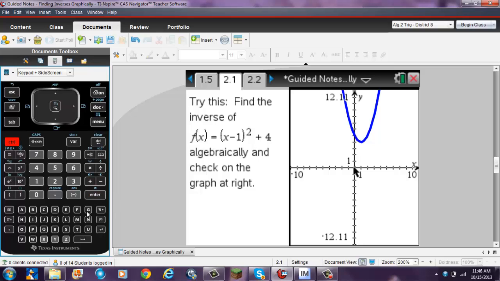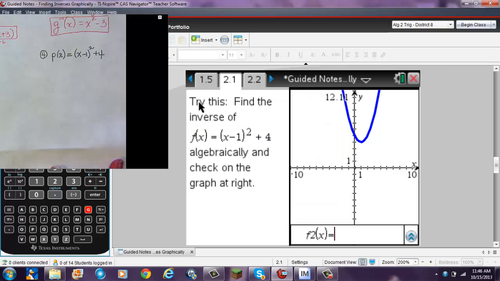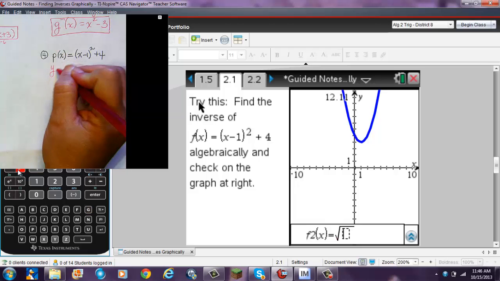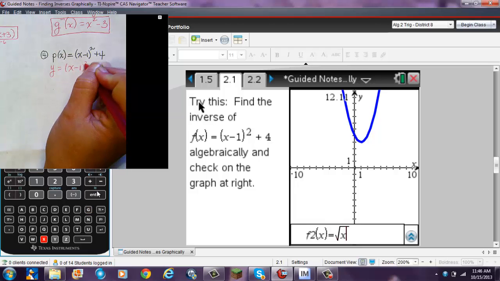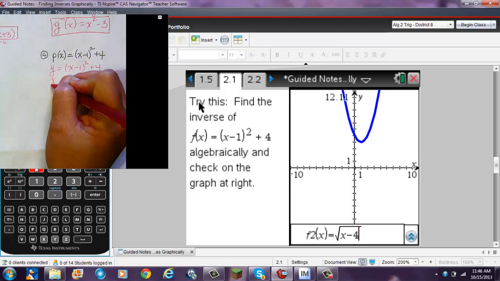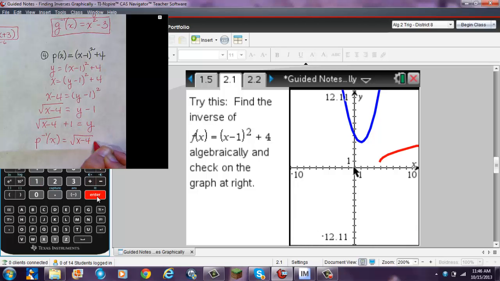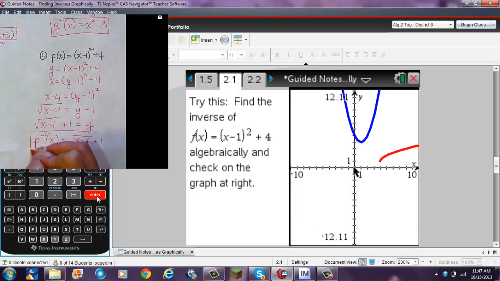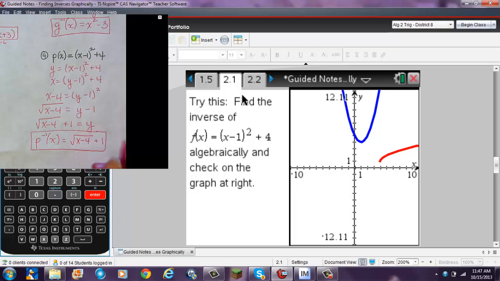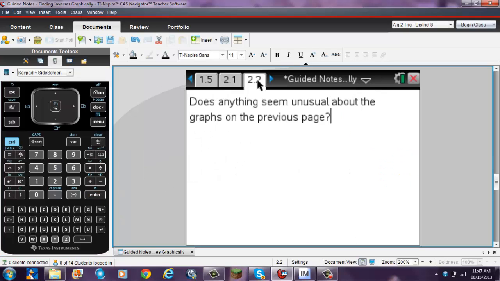Now in class, on the last question of your first 5-5, we found its inverse to be the square root of x minus 4 plus 1, with the plus 1 outside of the square root. When we graph that, we have kind of the opposite of that other little conundrum earlier, where we don't see the entire inverse. That's what seems unusual about that graph and the graphs in number 2.